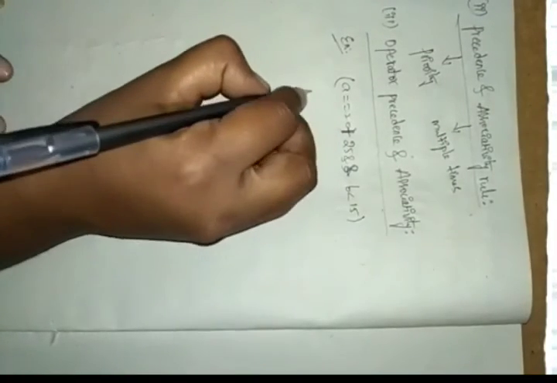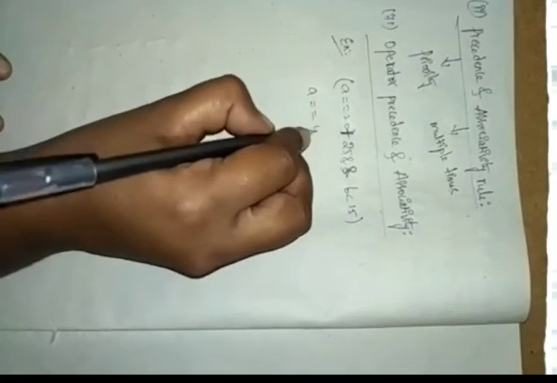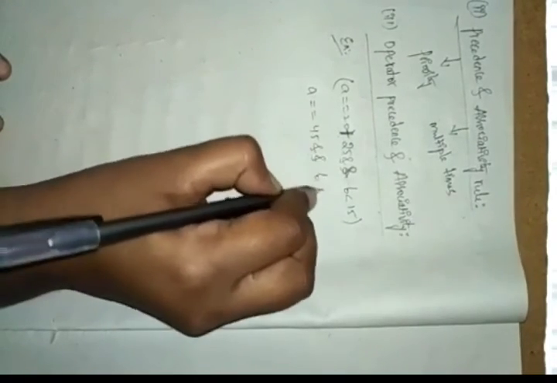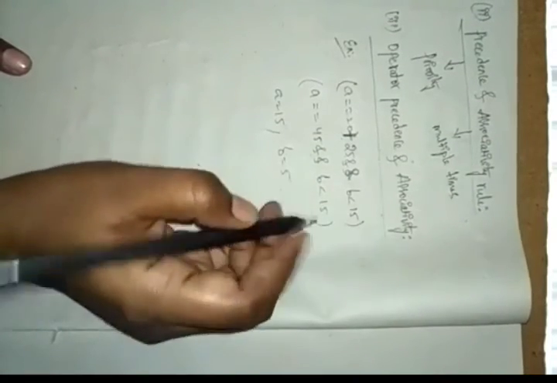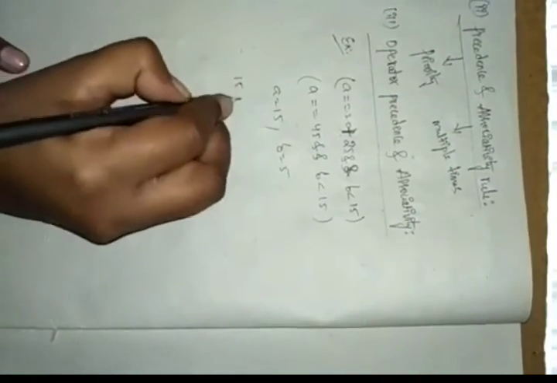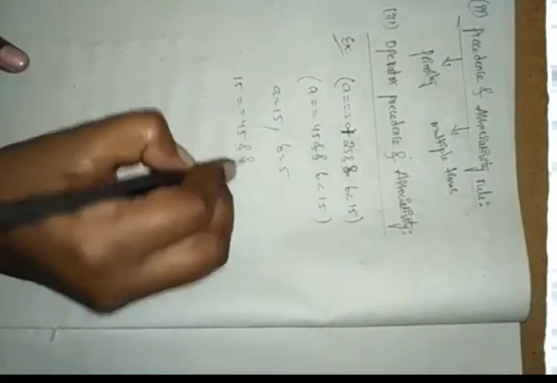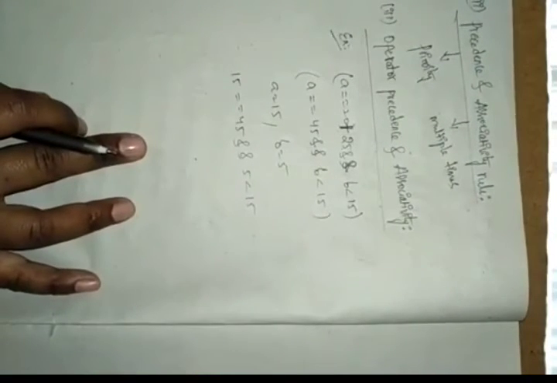If you are evaluating this, 20 plus 25 gives 45, and then b less than 15. Suppose a is 15 and b is 5. Then a equal to 45?